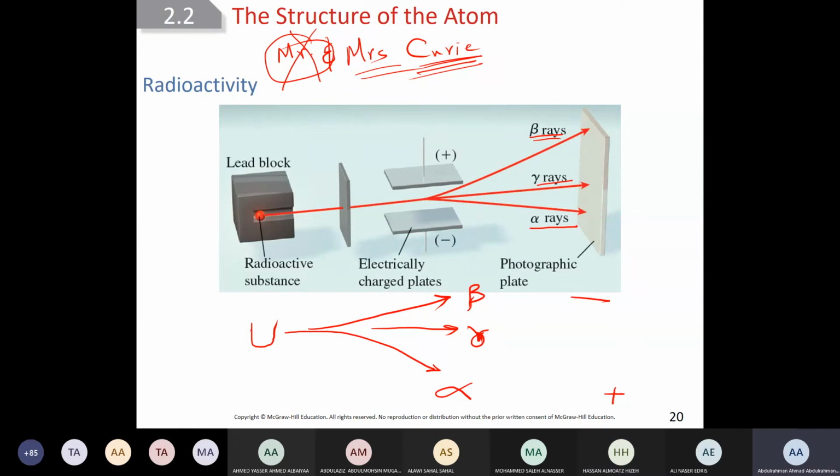Negative 1. Charge of gamma? No charge. Actually, alpha was found to be a helium atom without electrons. It's He. So alpha is a helium atom, but with no electrons. That's why it is helium 2+. And beta is actually simply electrons with a negative charge. You have to know this. And gamma is radiation.